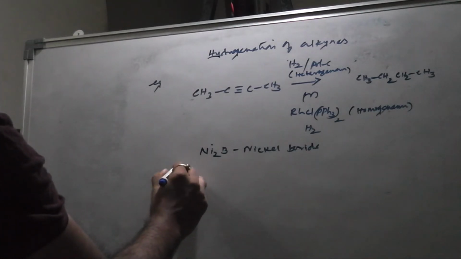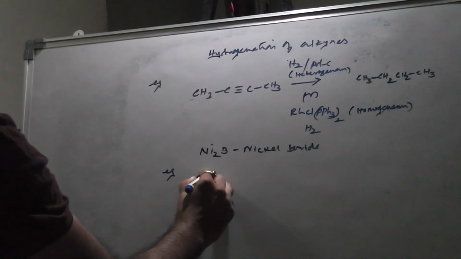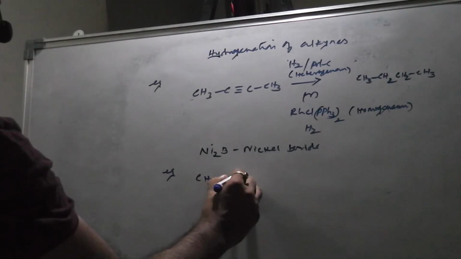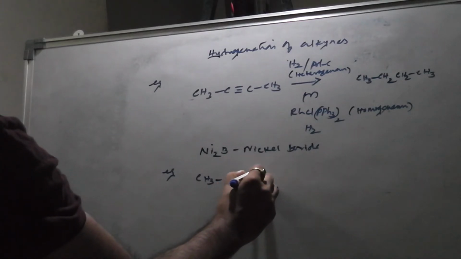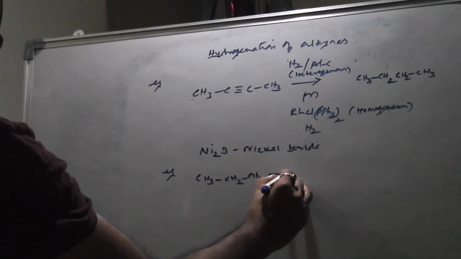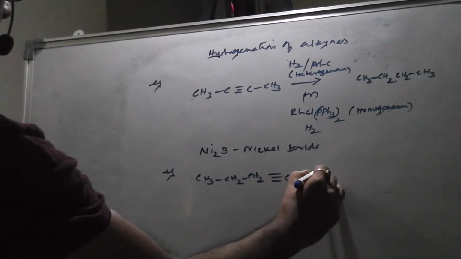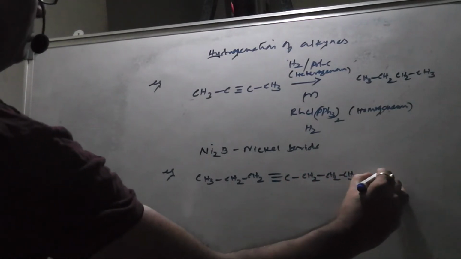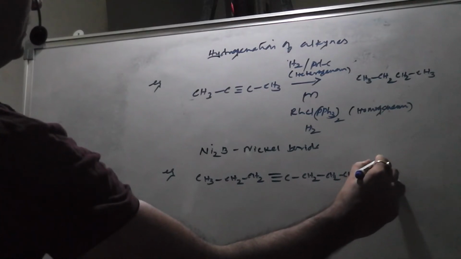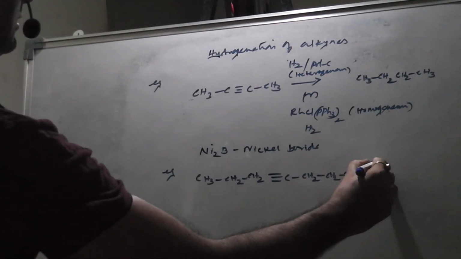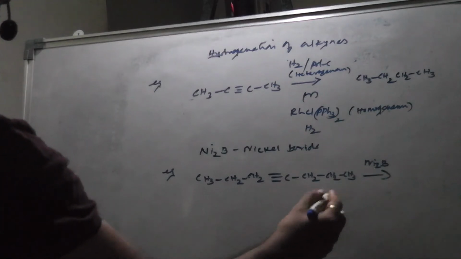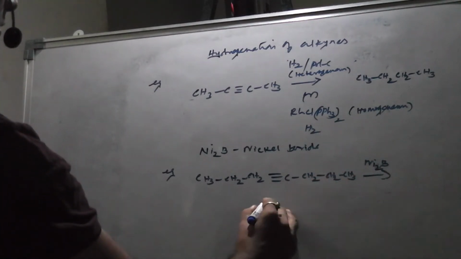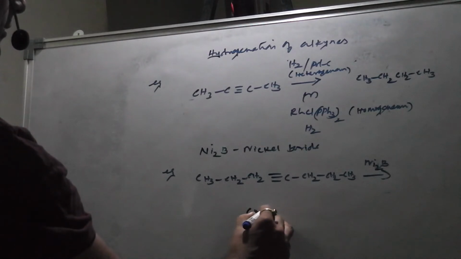Example, alkyne to cis olefin can be done using nickel boride. So if you use nickel boride, Ni2B, this is the formula, we will be getting cis olefin.